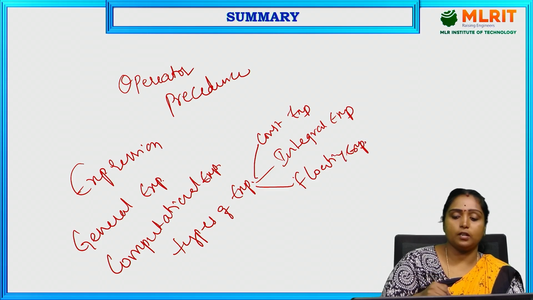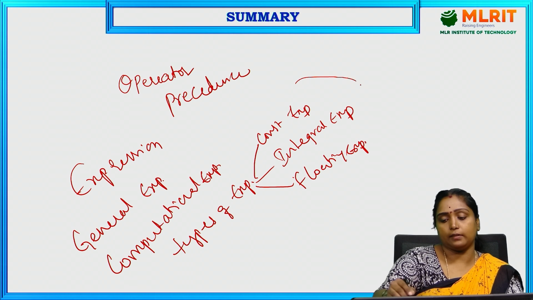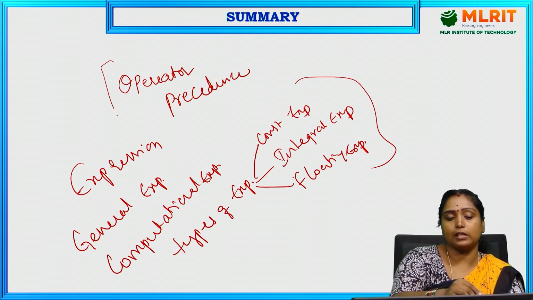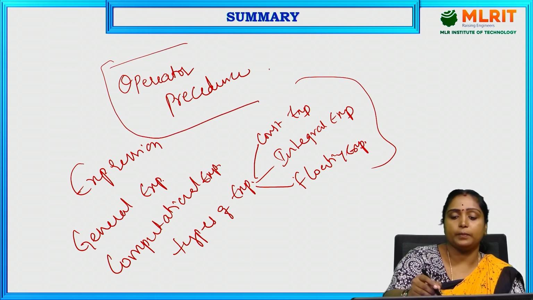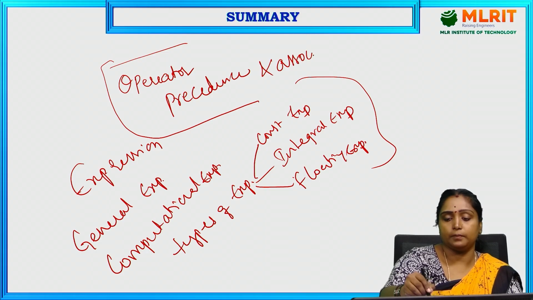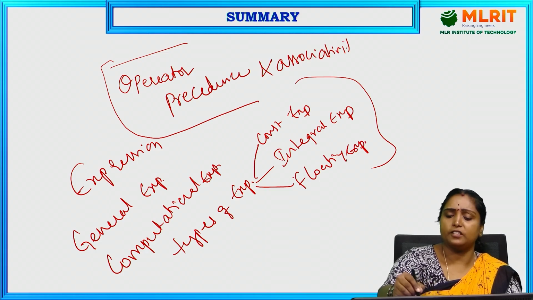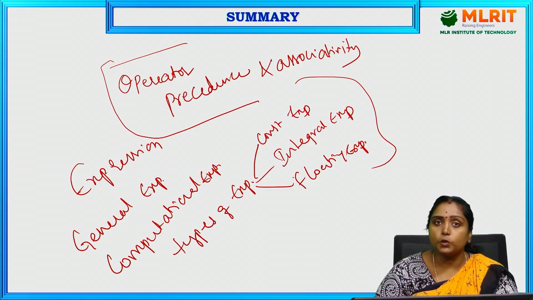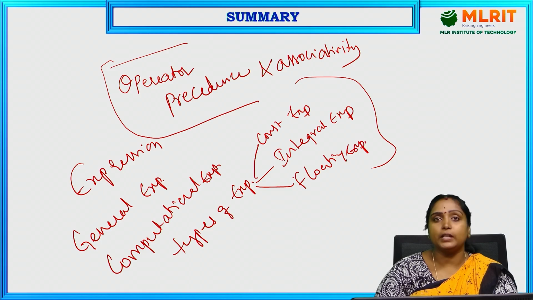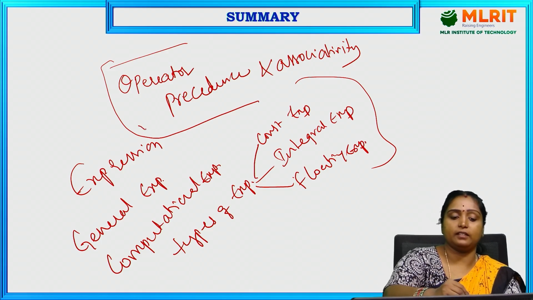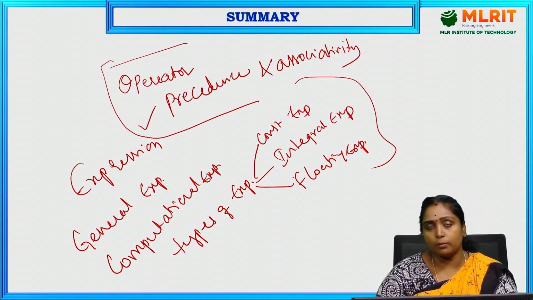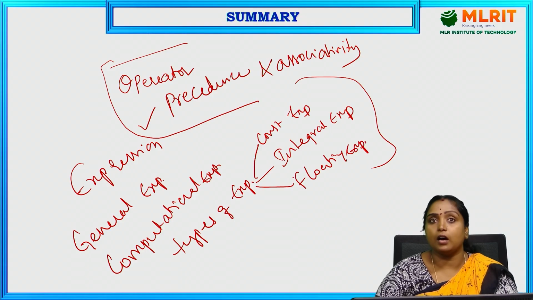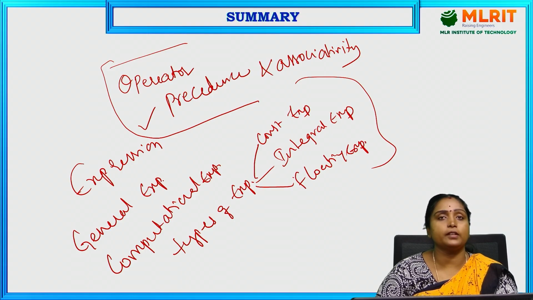Coming to the next step, after getting to the expressions, in order to solve the expressions, we go to operator precedence and associativity. Operator precedence is nothing but, if you have more than one operator in an expression, which operator has to be evaluated first is said by operator precedence, which is nothing but which operator has the highest priority would be evaluated first, and which has the least priority will be evaluated last.